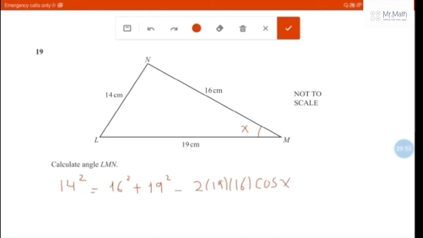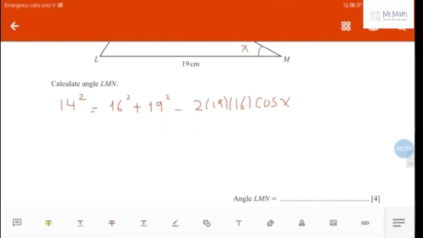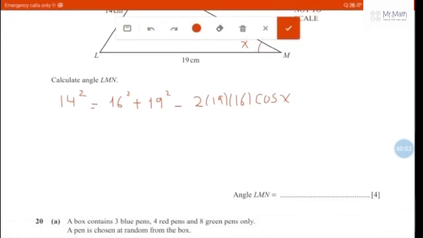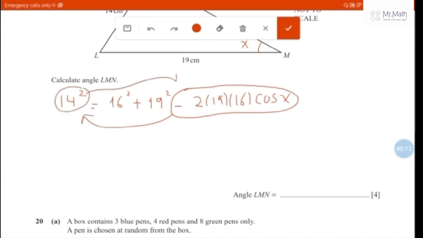So I will move all that to the left hand side, and I will move 14 squared to the right hand side. So I will get 2 times 19 times 16 cosine x is equal to 16 squared plus 19 squared minus 14 squared.